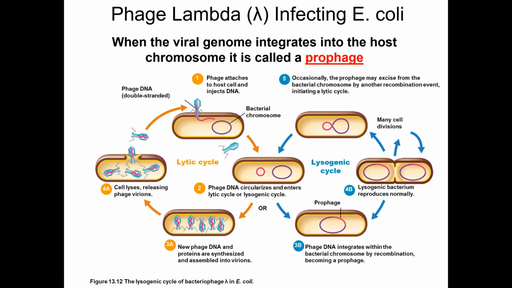Or am I going to become a prophage and go dormant for X amount of time? So if it does go dormant, again, it's basically a mutation. It's copied and passed on to all the other cells, which in turn become lysogens. Until the inevitable, where the virus removes itself from the chromosome and finishes out the lytic cycle. So, the lysogenic cycle is essentially a pause button, as long as nothing goes wrong.